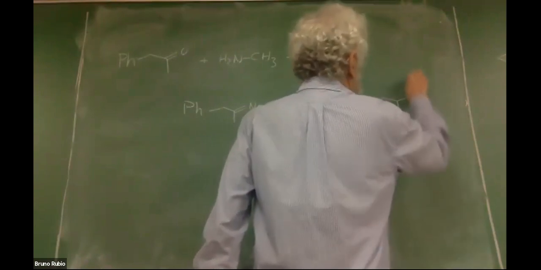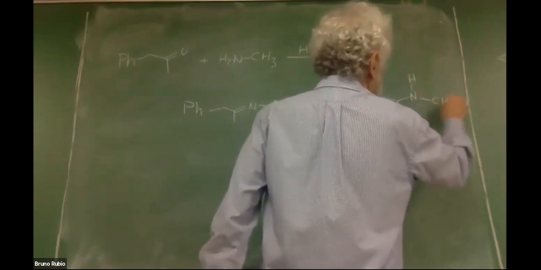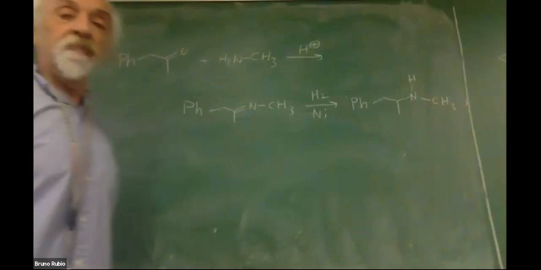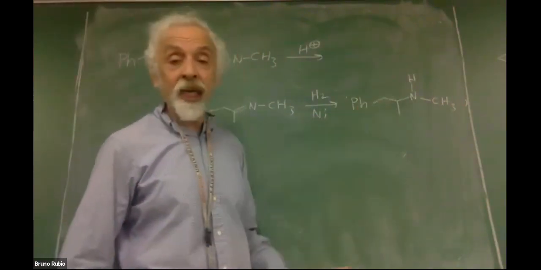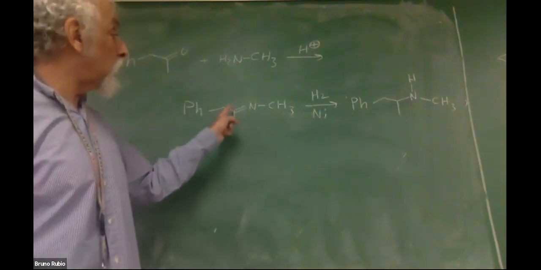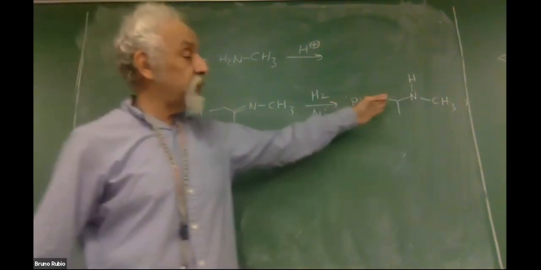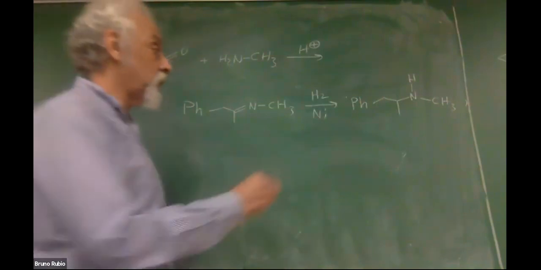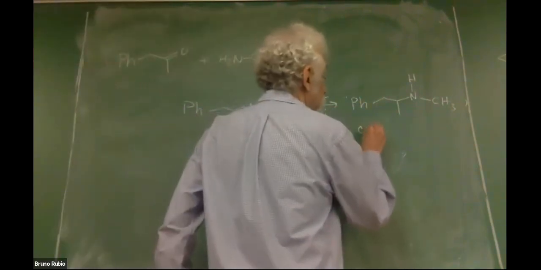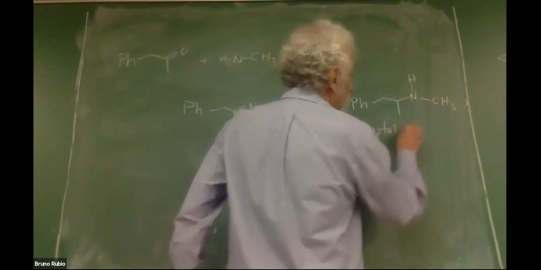Okay, so I'm going to draw the structure of this product in the conventional way. Yes, there's a hydrogen here that wasn't there before, and a hydrogen there that wasn't there before, but I'm not going to write it because I like to draw bond line structure. And this is crystal meth.